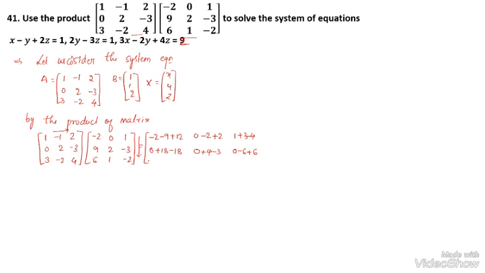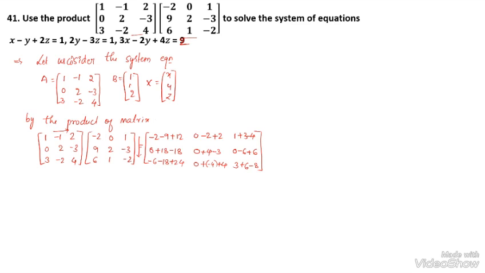Here 3 into minus 2 is minus 6, minus 2 into 9 is minus 18, 4 sixes are 24. Last row, second column: 0 plus minus 2 into 2 is minus 4, 4 ones are plus 4, 3 into 1 is 3. Minus 2 into 3 is minus 6, minus 2 into minus 3 is plus 6, 4 twos are minus 8.